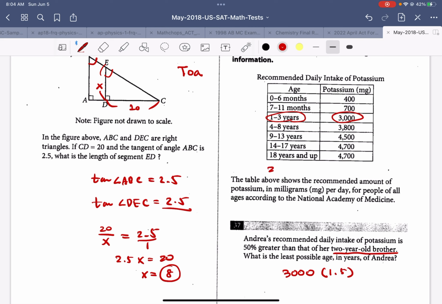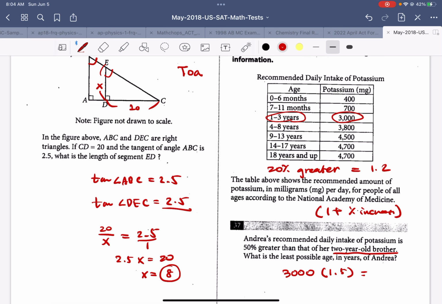For example, 20% greater, then you multiply by 1.2. 50% greater, you multiply by 1.5, because it's 1 plus the percent as a decimal. So a 20% increase is 1.2, and a 50% increase is 1.5.